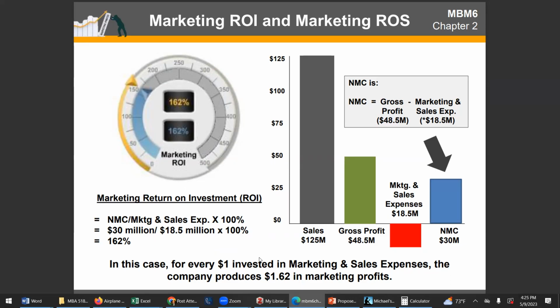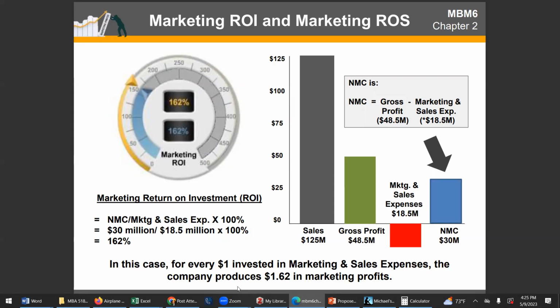The reason this is really important, putting our marketing hats on, is that for every dollar the CFO, for example, gives marketing to go make more money on, you give me $1, Mr. or Mrs. CFO, I'm going to give you $1.62 back. That's pretty good.